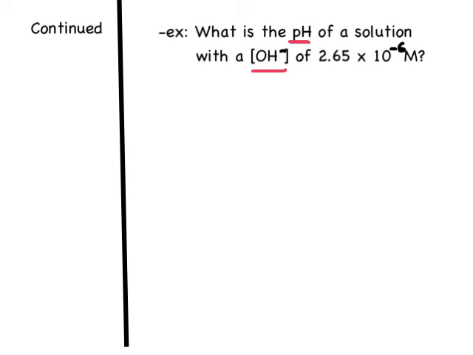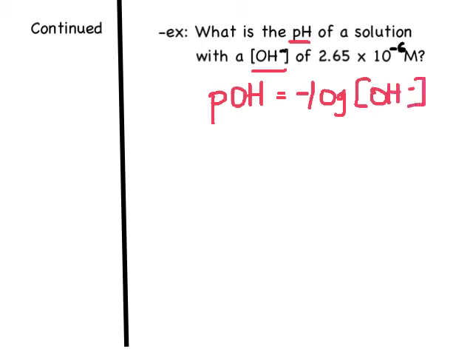So if we're given the hydroxide ion concentration, we have to find the pOH of the solution first. That is going to be negative log of the hydroxide ion concentration. So we're going to do negative log of 2.6 times 10 to the negative 6.